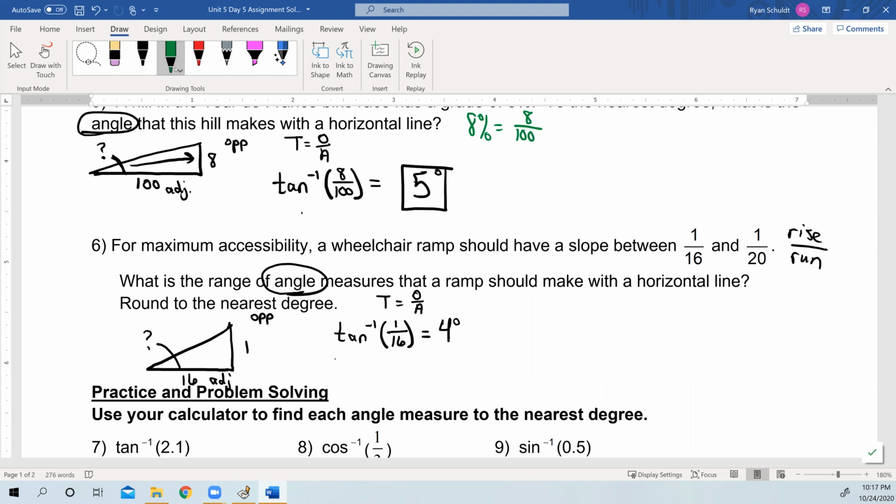Now it says it could also have a slope of 1/20. So the 1 stays, but now let's do a 20 instead. So the tangent inverse of 1/20, we need to figure that out now.